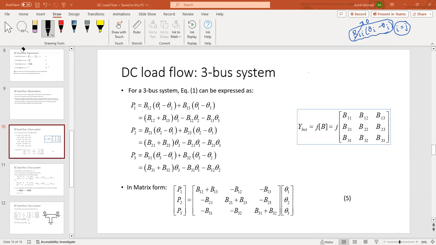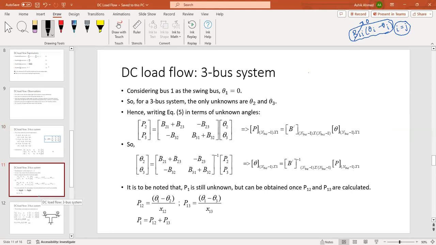So with this, let us move forward. This is what is mentioned over here. Once we know the theta, that will help us to find out the line flows, P12 and P13, according to the 3-bus network that I just drew earlier.